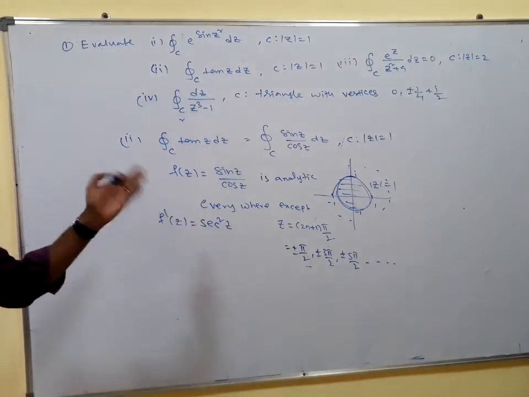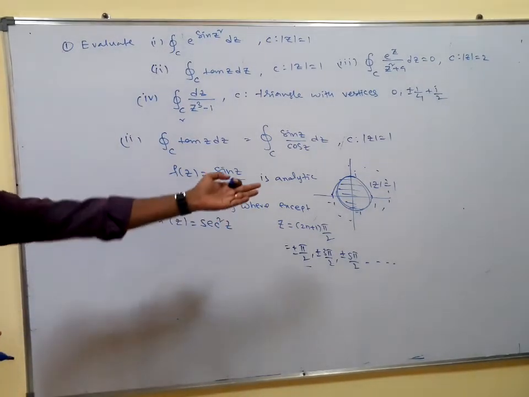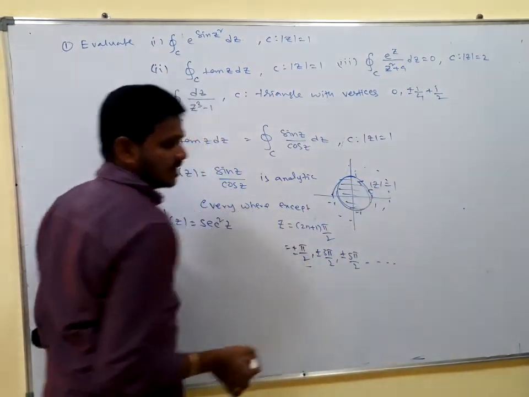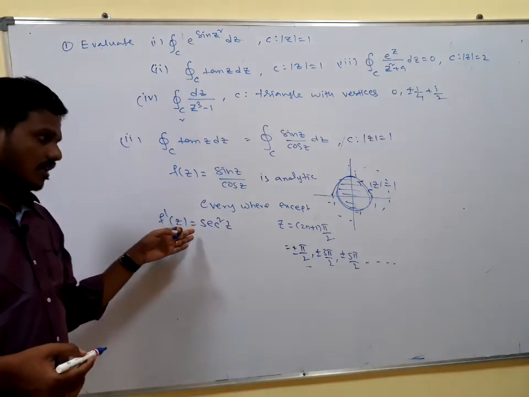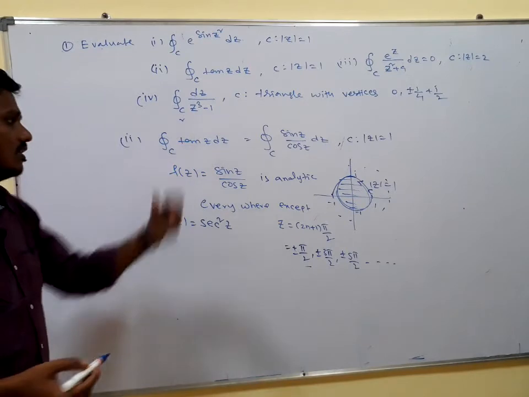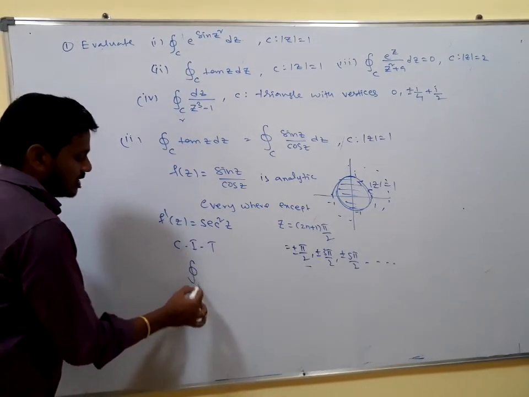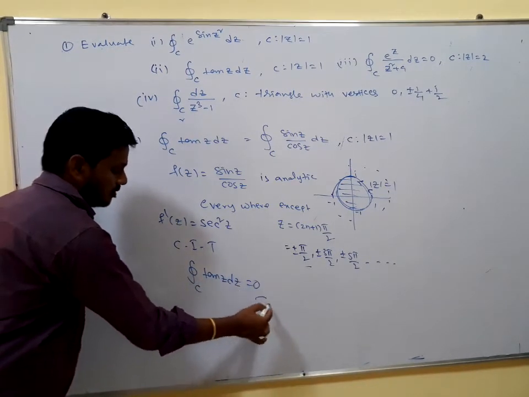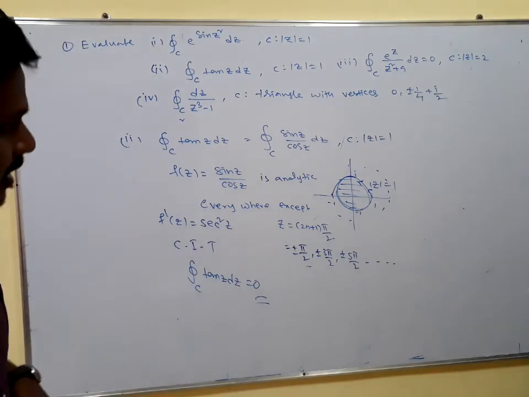It is continuous everywhere except these values, which are outside our circle mod z equals 1. So f dash of z is continuous inside the region and f of z is analytic inside the region. Therefore by Cauchy's integral theorem, integral c tan z dz equals 0, based on the theorem.